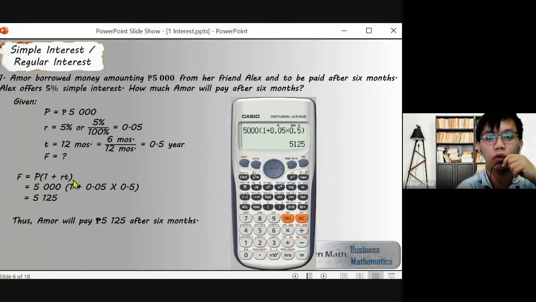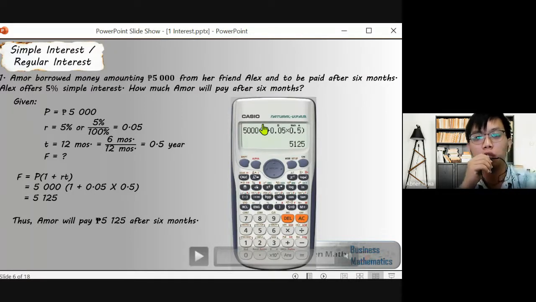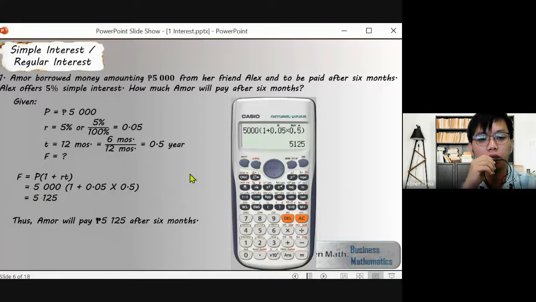Of course, if you use a scientific calculator or a cellphone calculator, you need to input correctly, so that we can solve the unknown correctly. Because if you input it wrongly, the answer will also be wrong. Same here, if you identify the wrong given, your final answer will also be wrong. So you must identify the given correctly, and your calculation must also be correct.